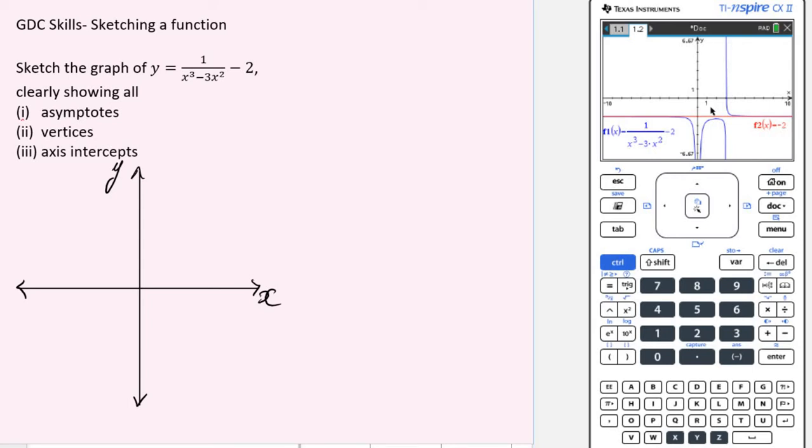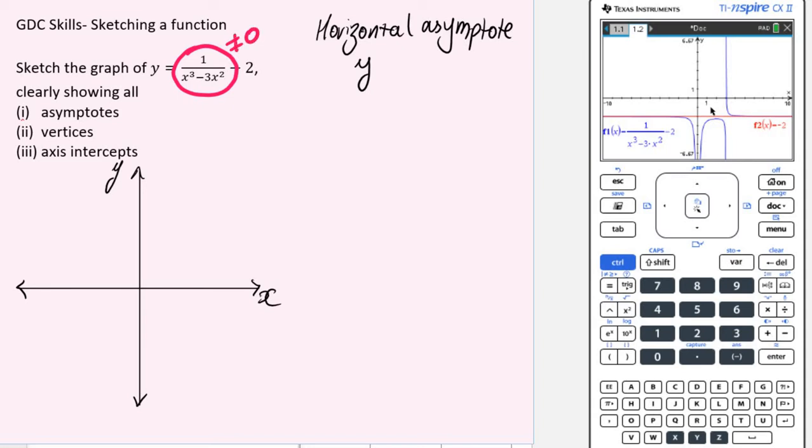For a horizontal asymptote, we need to think, what can the function not equal? And y, if we look at this bit, that bit cannot equal 0, but there's this minus 2 here. And that indicates a translation of 2 units down.